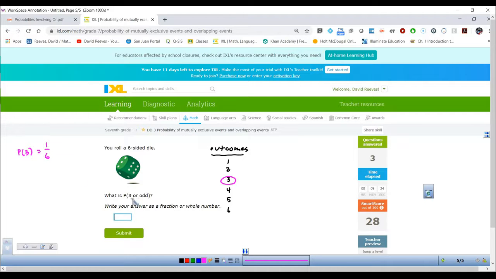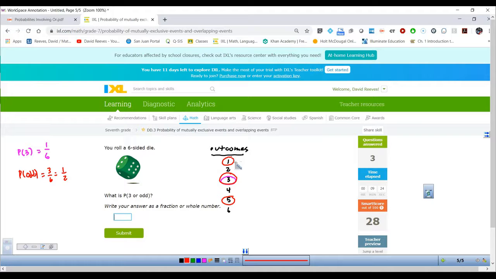So the probability of getting that 3 is 1 out of 6. All right, so what about the probability of getting an odd number? Odd numbers are 1, 3, and 5, right? So the probability of getting an odd number is 3 out of 6, or if we simplify that down, 1/2.